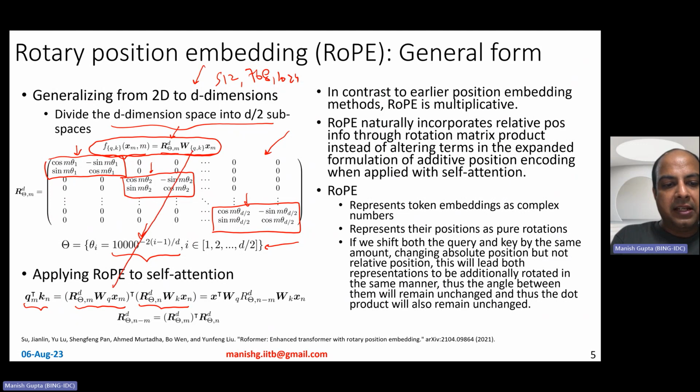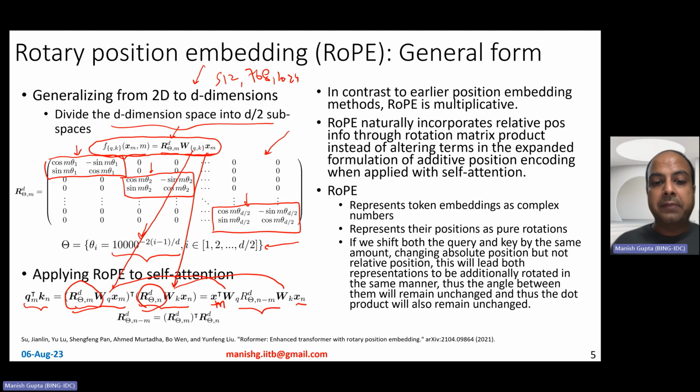If you use this formula here, it basically becomes that. And then you can take out the terms X_m transpose and X_n there, and your W_Q and W_K terms there, and then you combine these R terms together so as to get R_(n minus m).